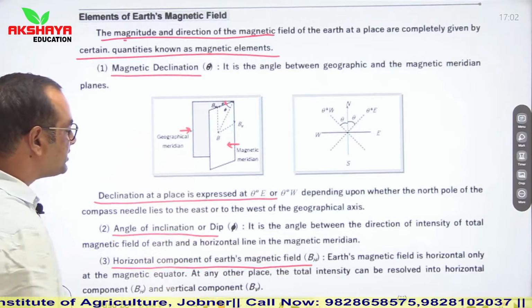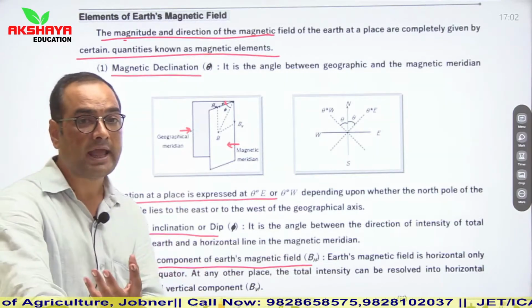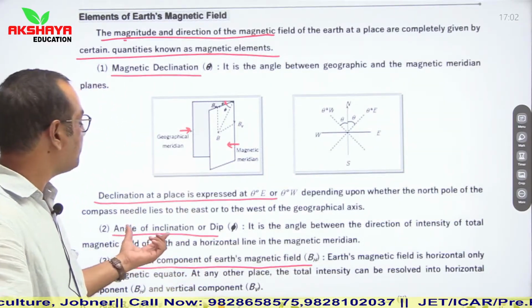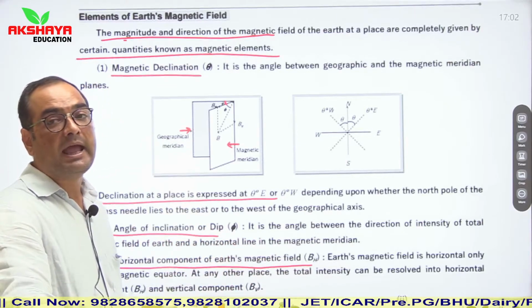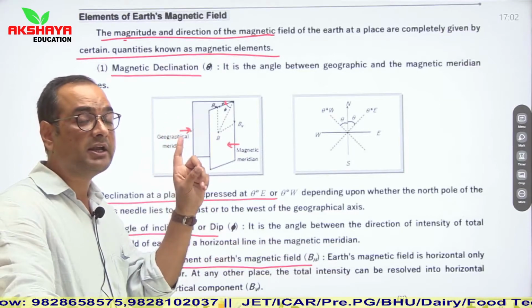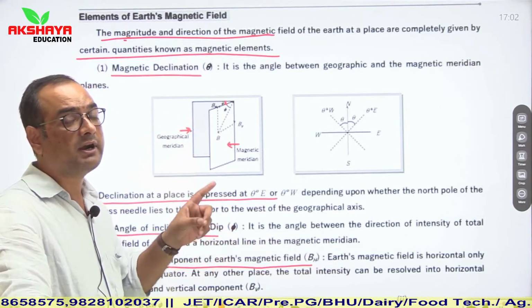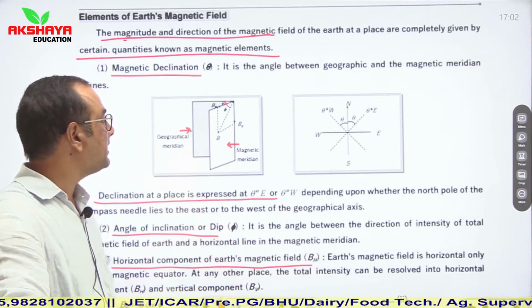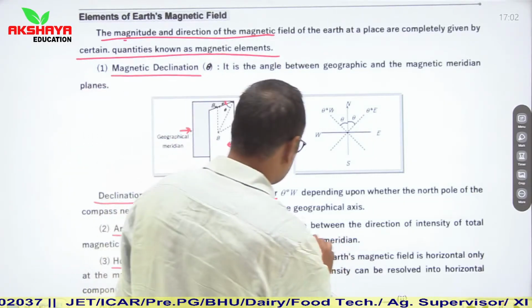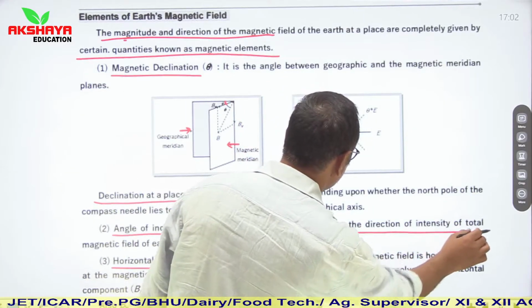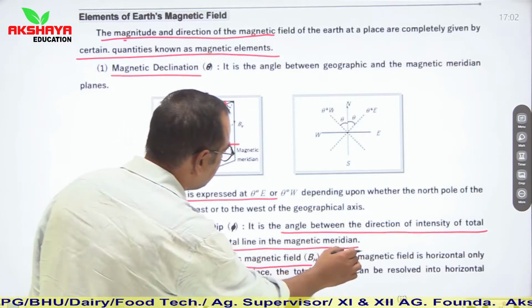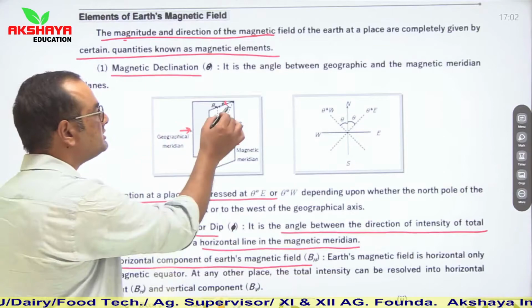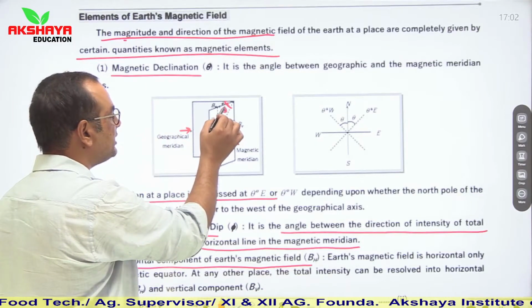Then angle of inclination or angle of dip. So angle of dip is generally the angle between the net magnetic field of Earth and the horizontal component of Earth's magnetic field. So it is the angle between the direction of intensity of total magnetic field and the horizontal line in the magnetic meridian. This angle is known as phi.